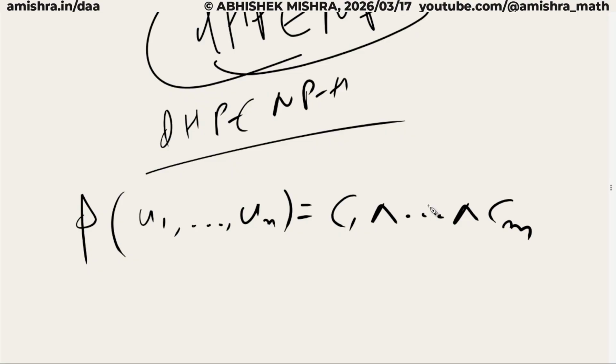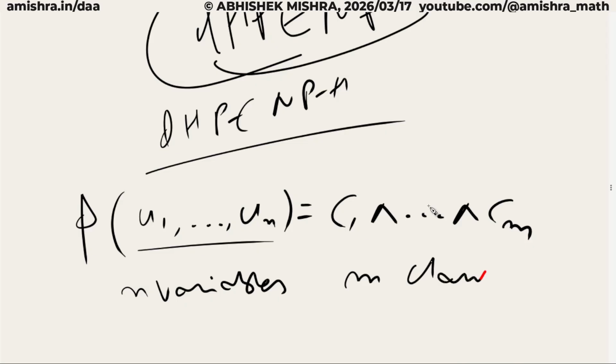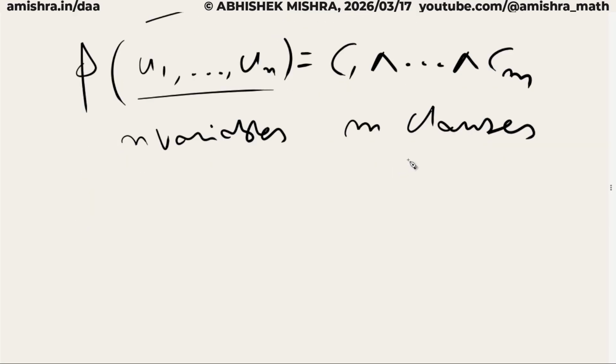So it has n variables and m clauses. So this is our formula.